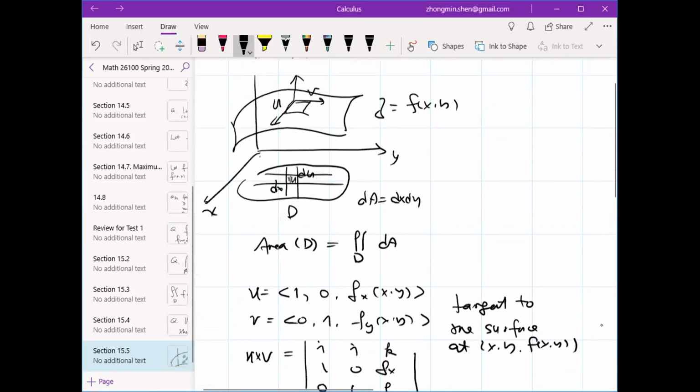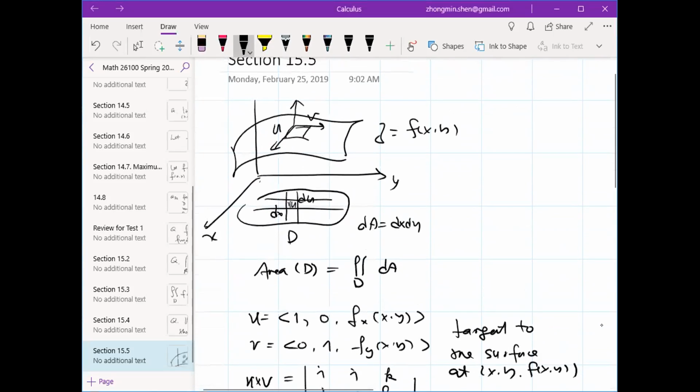Let's go back to here. On the surface, this is u and v. This is the surface, right? You partition the domain in the xy plane, but correspondingly you have a net on the surface.